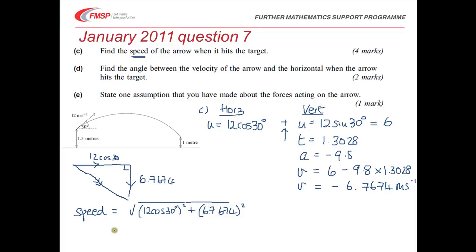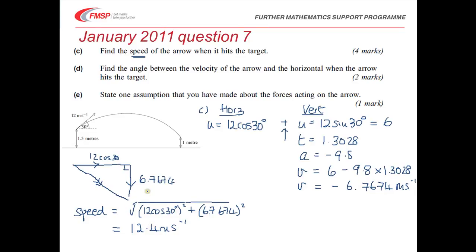And that turns out to three significant figures to be 12.4 meters per second. So again, you just need to do that carefully, and I haven't put in the value of cos 30 because I would do all that on a calculator. Check that you get 12.4 meters per second.